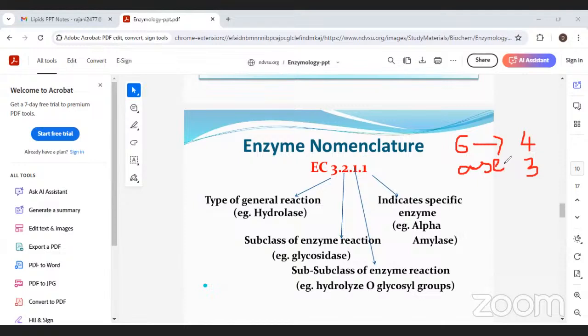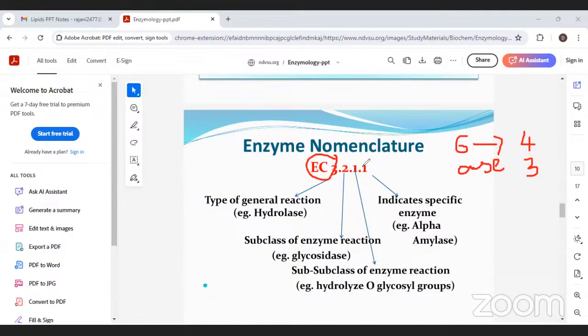Each enzyme has a systematic code number, the EC number. The first digit denotes the class, the type of general reaction. The second number is the subclass. The third number is the sub-subclass. The fourth is for the particular enzyme.